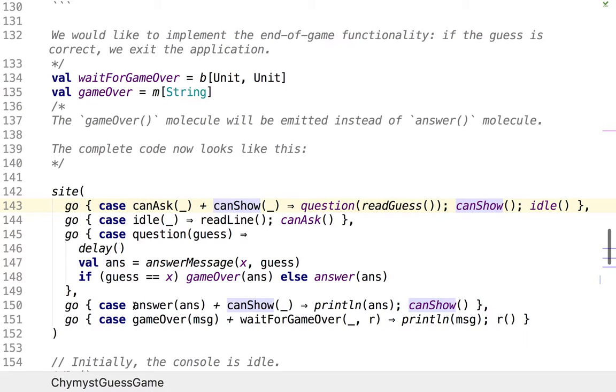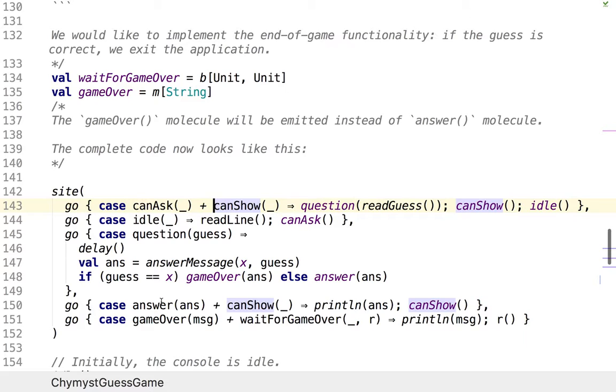So just to remind you about this implementation, the player asks a question, whether the answer comes in 10 seconds or 20 seconds, that's random. So this random delay simulates a computation that is necessary in order to compute the answer.